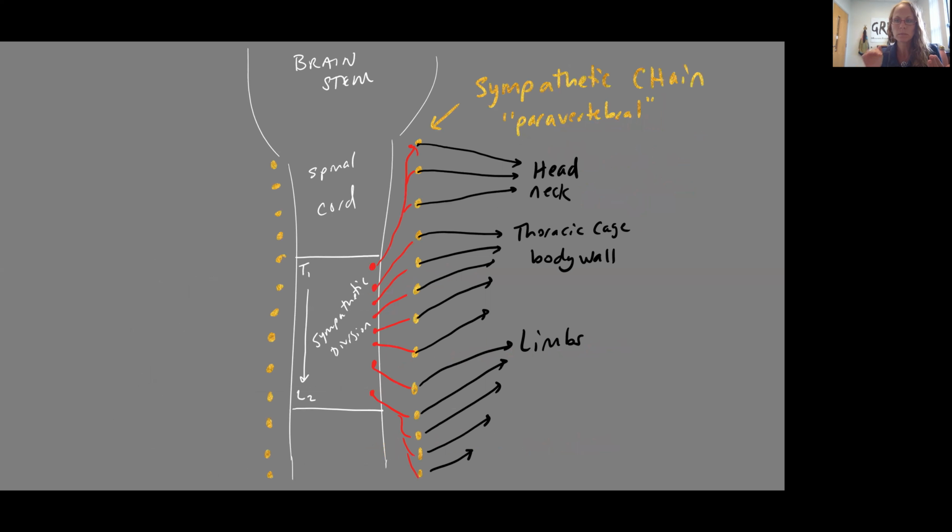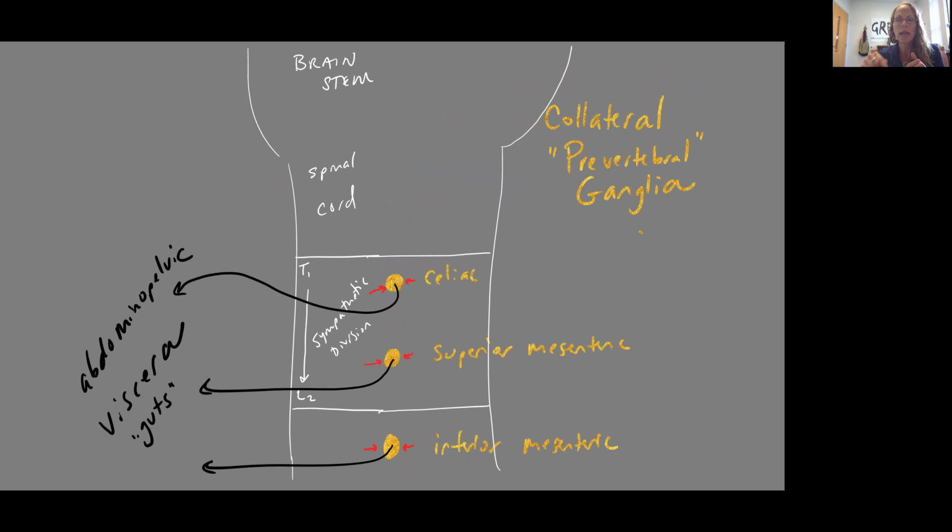Remember, our sympathetic chain did the body wall. So that's going to be the skin and the muscle and the bone surrounding the abdominopelvic cavity. And the collateral is going to do the inside, the organs of the abdominopelvic cavity, the guts.